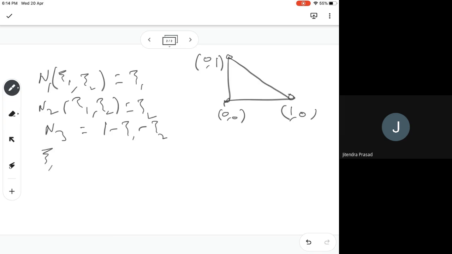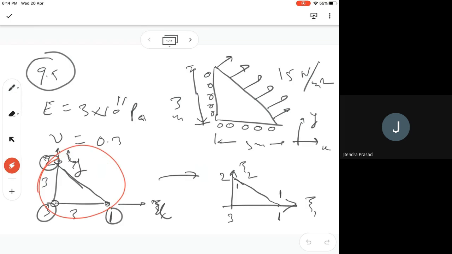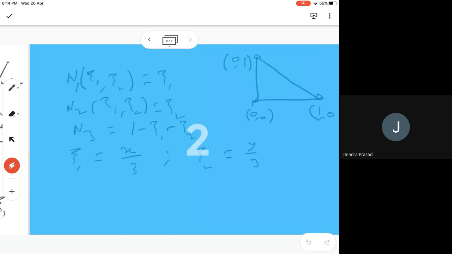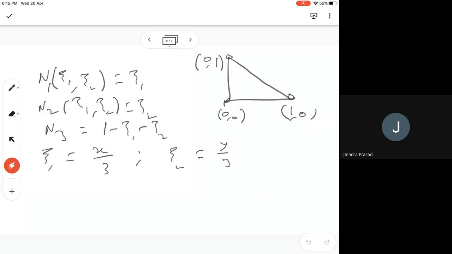Here xi1 is nothing but x over 3, and xi2 is nothing but y over 3 simply. This is straightforward because our triangle, the length is 3 here, 3 here, we are converting into 1 and 1. Keeping the same order and the same element number, you can scale it directly. You can write it like this.